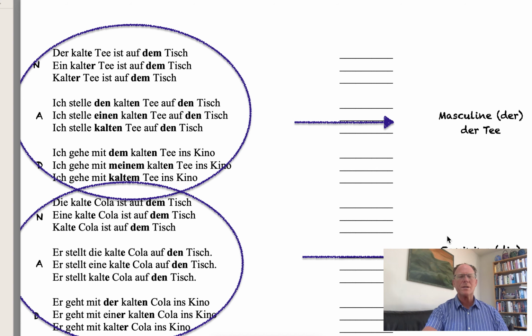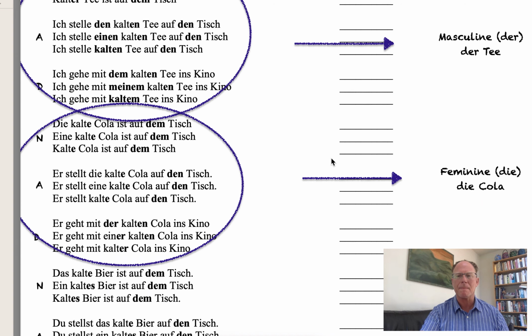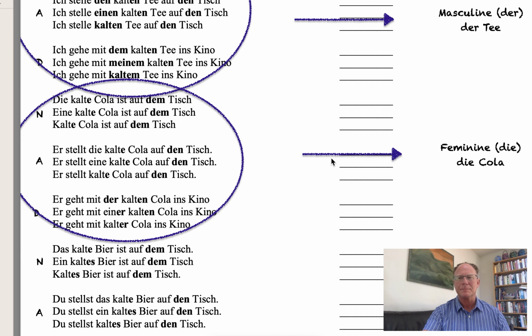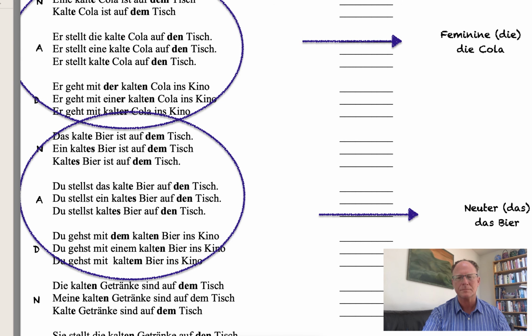Now, if we look at the second group of 3 stanzas right here, we'll see that the drink is Cola. And that's die Cola. In the next group of 3 stanzas, here we have the drink being beer, demonstrating neuter items, neuter nouns.